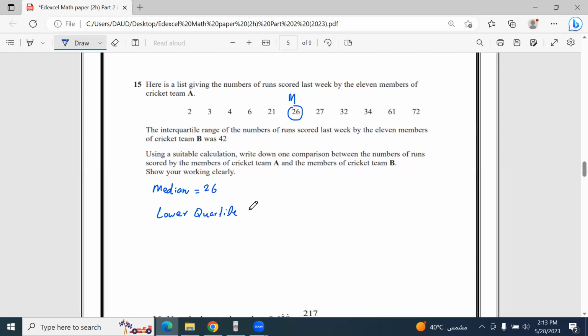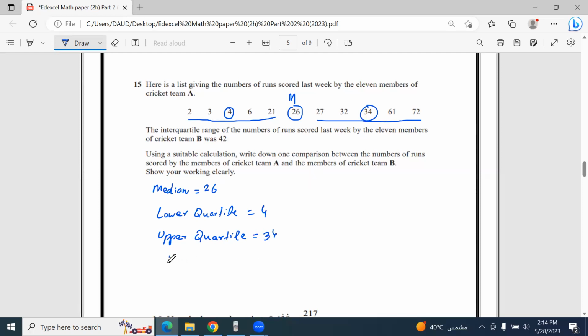The lower quartile is the middle value of the lower half. If you check carefully, the middle value of the lower half is 4, and the upper quartile is the middle value of the upper half, which is 34.